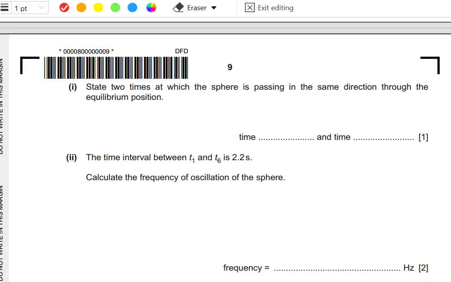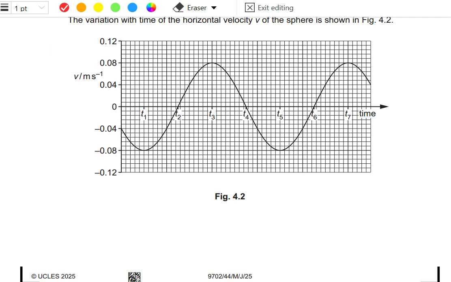So at the equilibrium position the velocity is maximum, whether in the positive or negative direction. So we have all of these positions, T1, T3, T5, and T7, and we need the same direction.